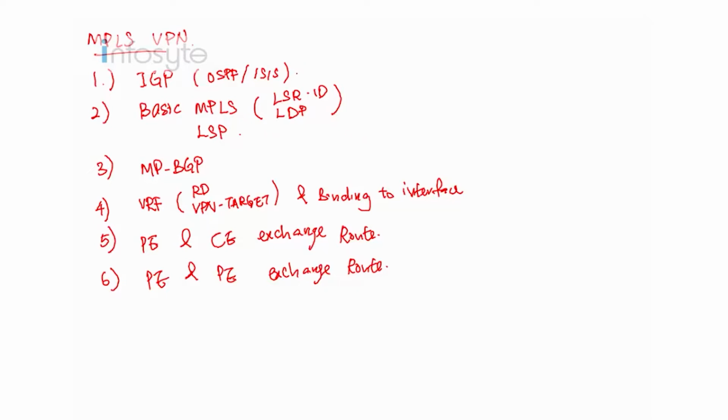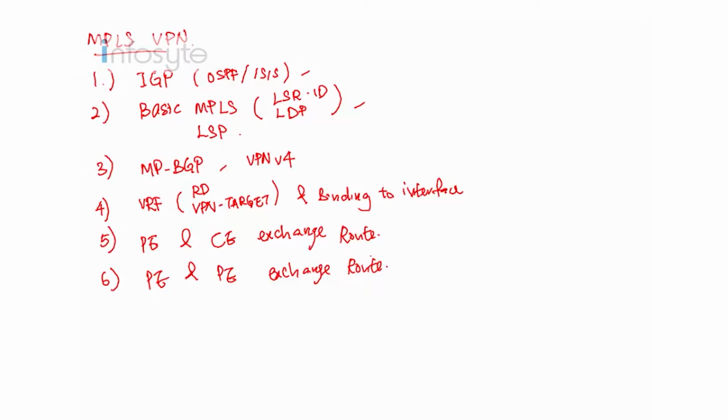First, the very basic IGP has been configured, then the basic MPLS, and MP-BGP for us to send the VPNv4 address. VRF is for binding to the interface. PE and CE is for exchanging customer routes to the PE, and exchanging the PE to PE route information. So in total from number 1 to number 6. This is a summary for the MPLS VPN.